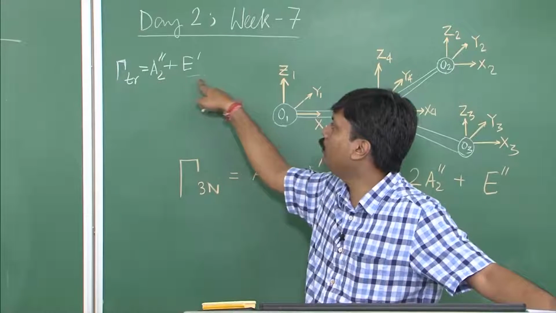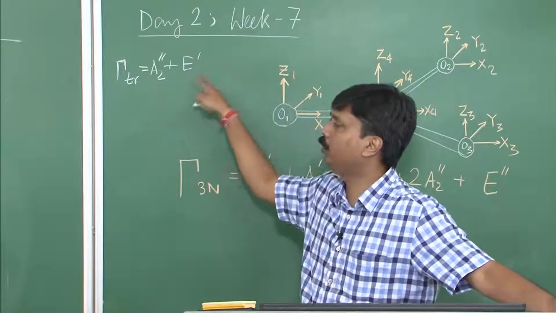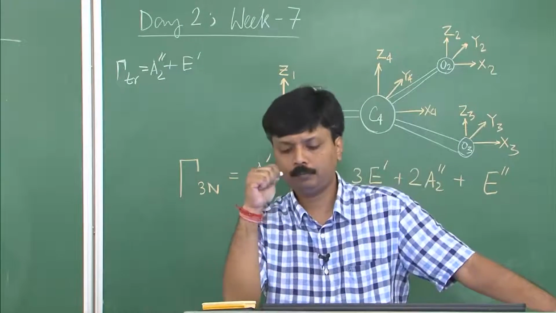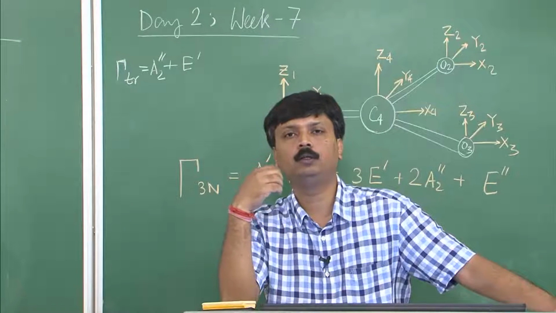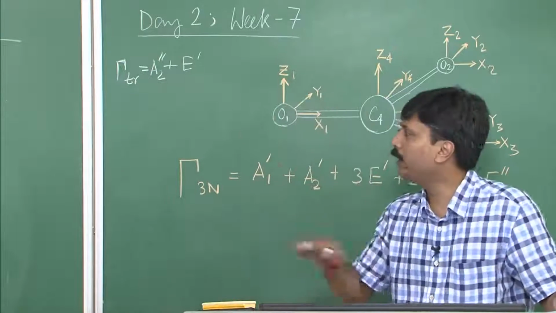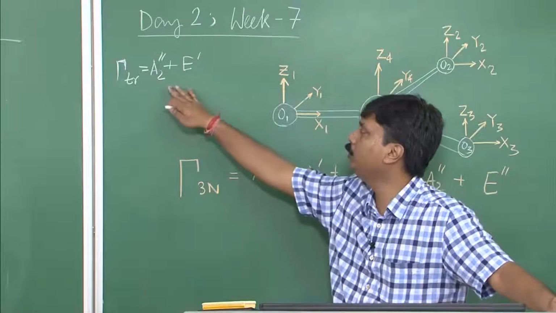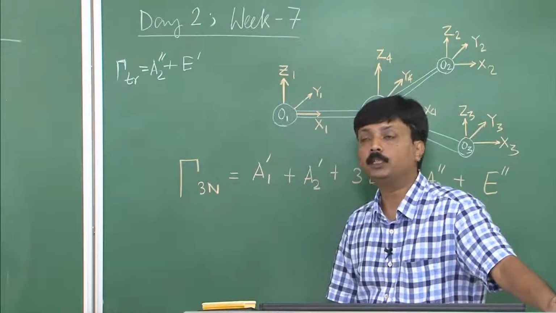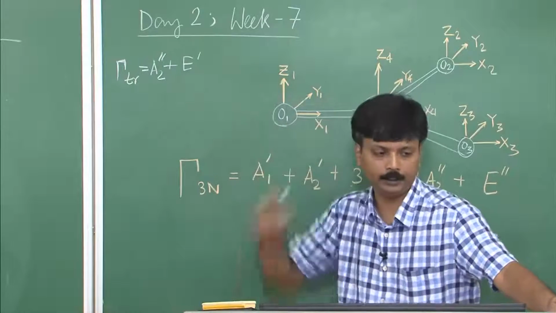So these two irreducible representations are responsible for the translational motion. Or in other words, the translational motion for this particular molecule transforms as A2 double prime and E prime irreducible representations.